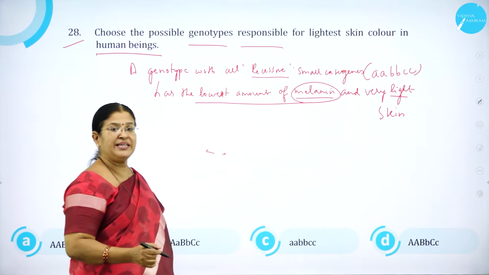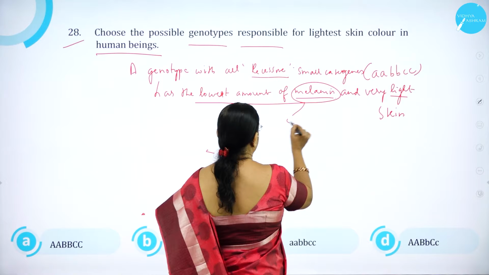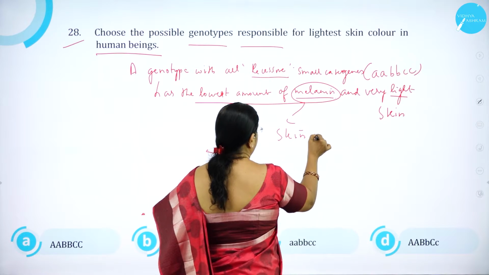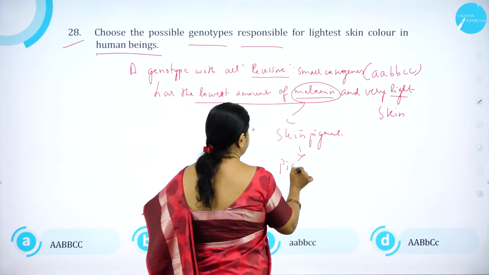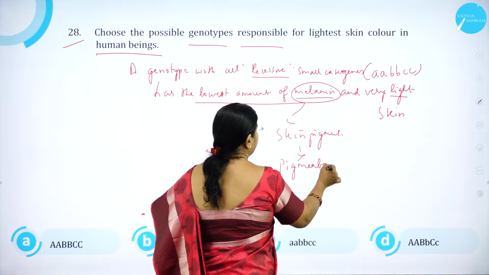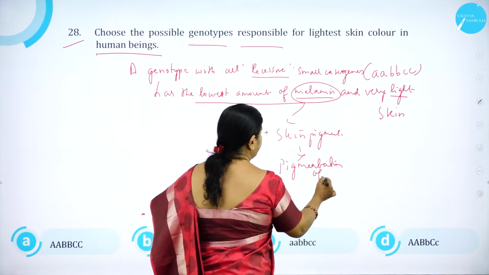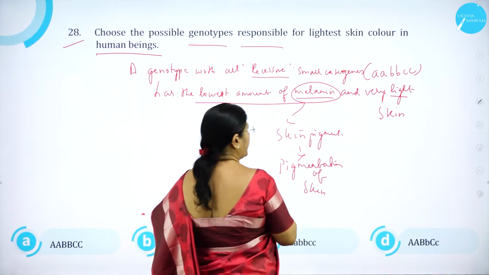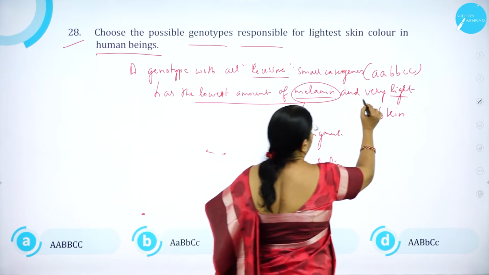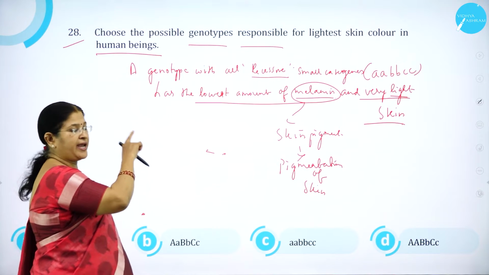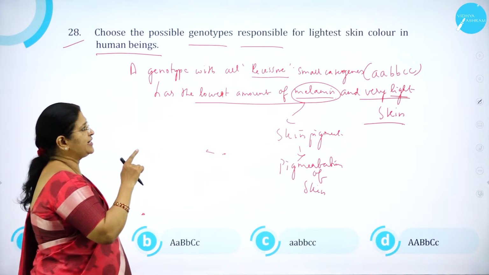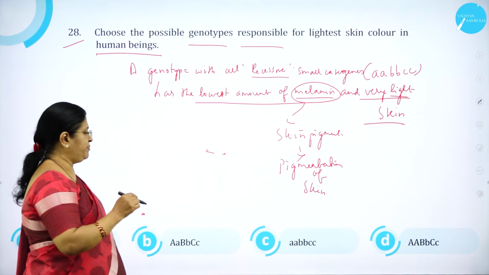Melanin is the skin pigment which is responsible for pigmentation of skin, and it is responsible for very light skin. So choose the possible genotypes responsible for lightest skin color in human beings.